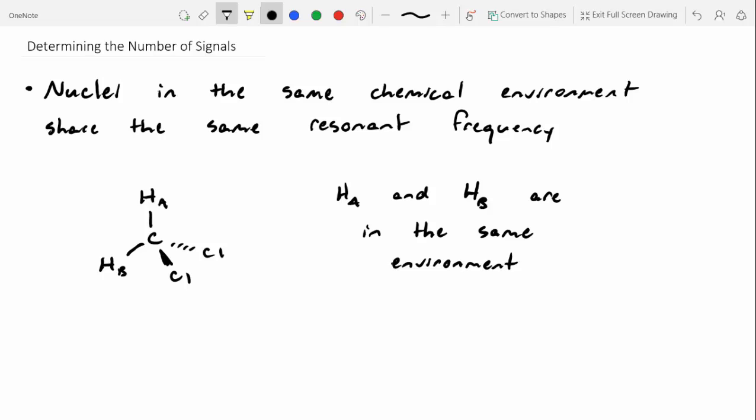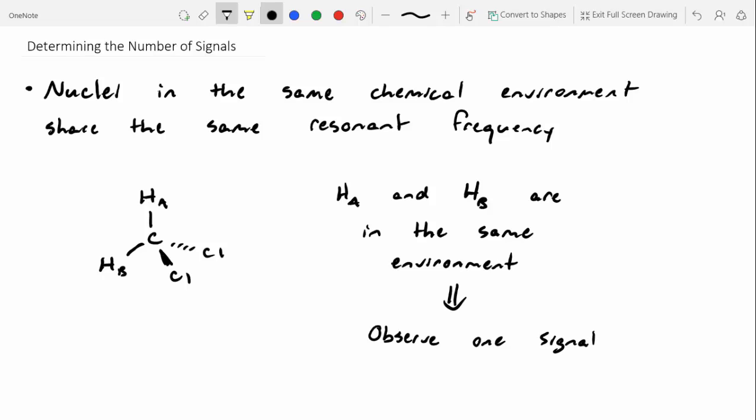But if one of them were, for example, bromine, then it would be different. Well, are you saying if one of the chlorines was a bromine? One of the hydrogens. In that case, you would only have one proton signal, right? Yeah. So in this case, because HA and HB are in the same chemical environment, we only observe one signal.